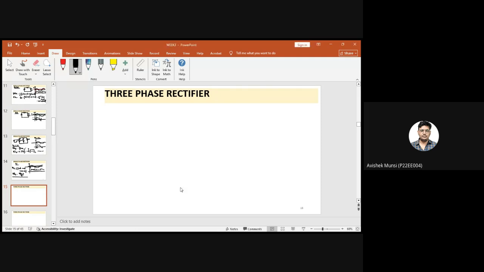See, for the three-phase load, let us consider a half wave case first. It will connect with a load. Okay.